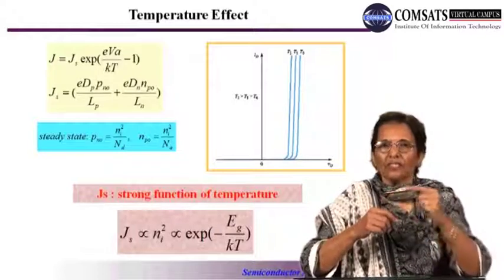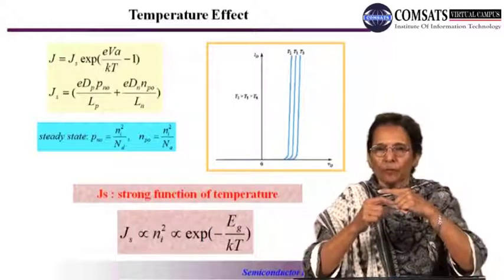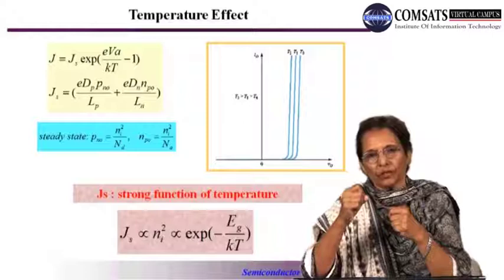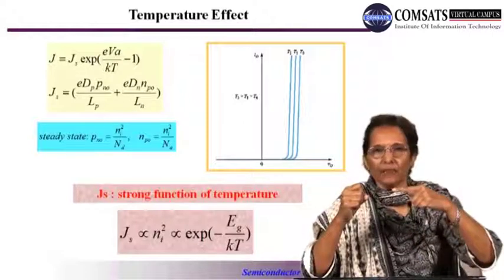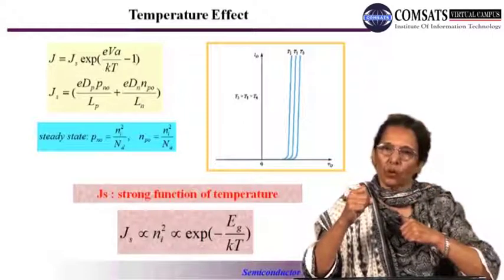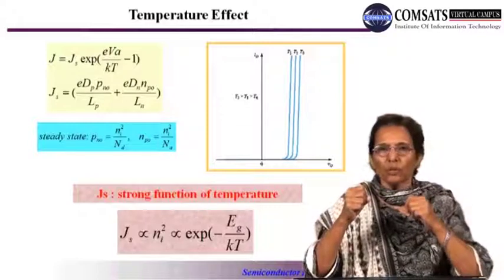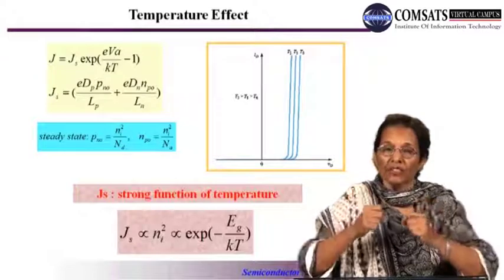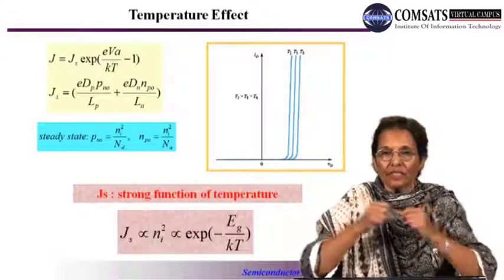Thus, there is a finite probability that these bonds will break and the bonded electron will become a free electron, leaving behind an incomplete bond which is termed a hole. So electrons and holes are created in equal numbers as the temperature is increased.